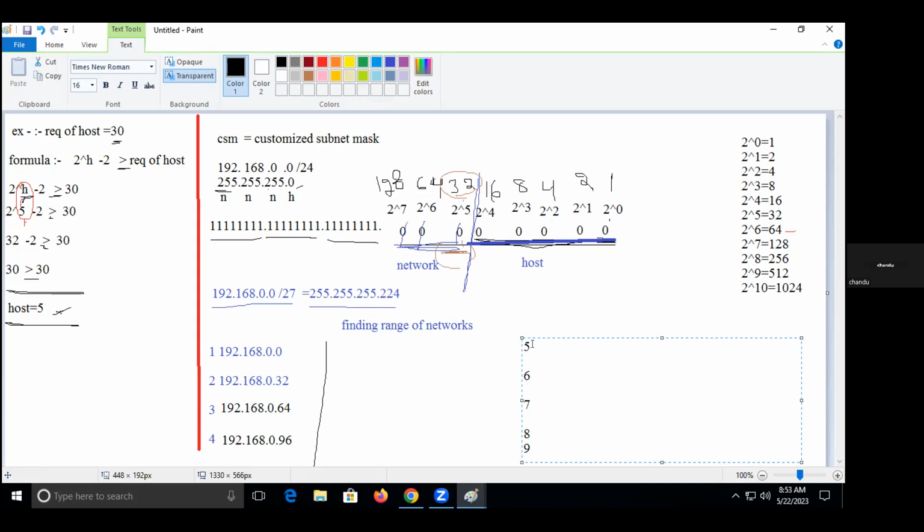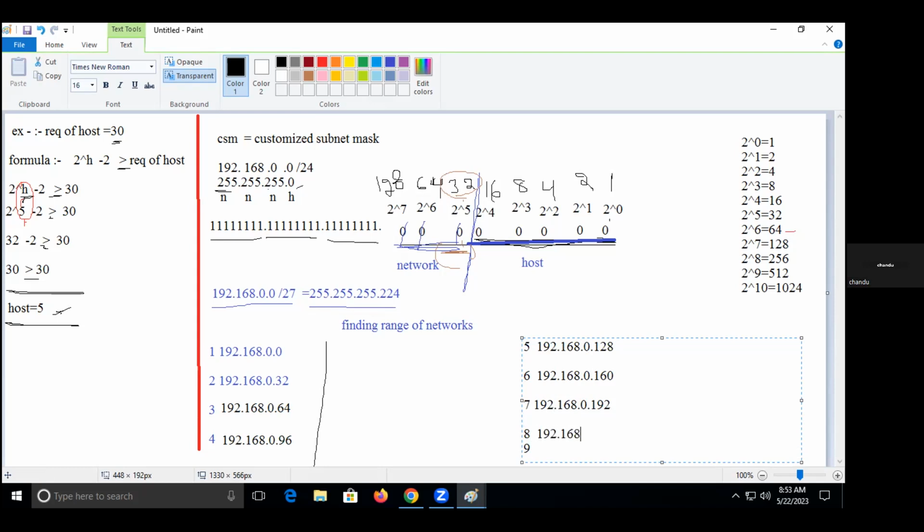So we keep adding: 96 plus 32 is 128, so that one is 192.168.0.128. Add 32, that should be 160, then 192.168.0.192.